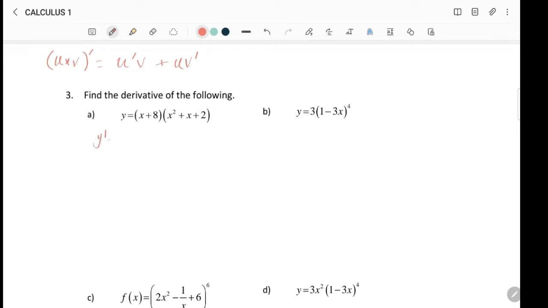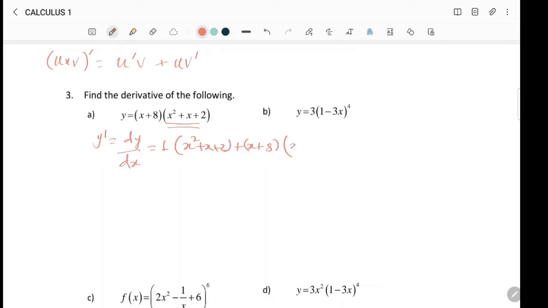So we can say y dash, or we can say dy by dx. So x plus 8, differentiation is 1, and x squared plus x plus 2 we have to keep as it is, and plus, keep x plus 8 as it is and differentiate this.